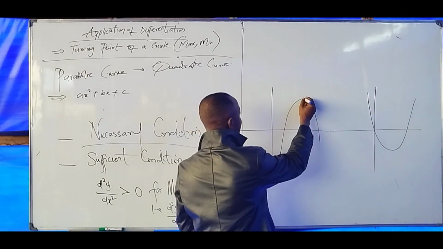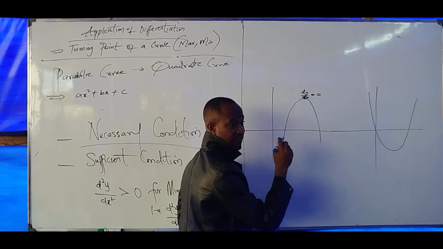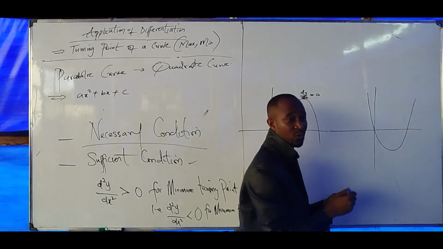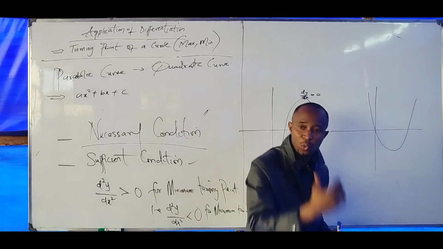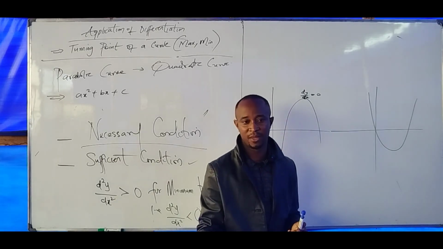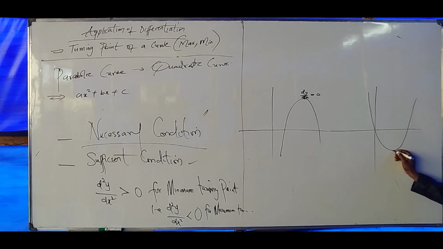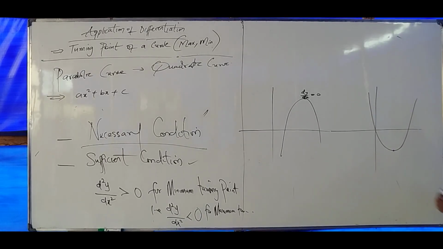So at the maximum we have what here? dy/dx must be equal to what? 0. Are you following? Then the minimum means what? The lowest point you can ever get on a curve is called the minimum. And in this curve, where is the minimum? Yeah, at the vertex. Just use the word vertex for both maximum and minimum.